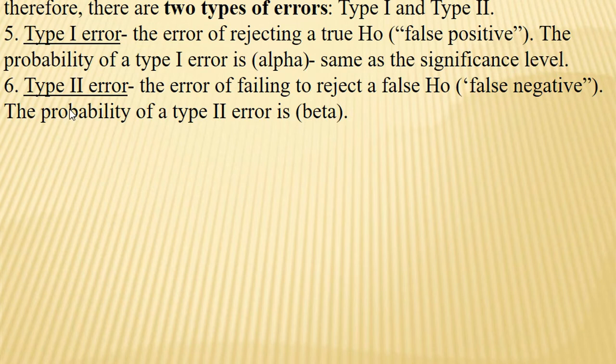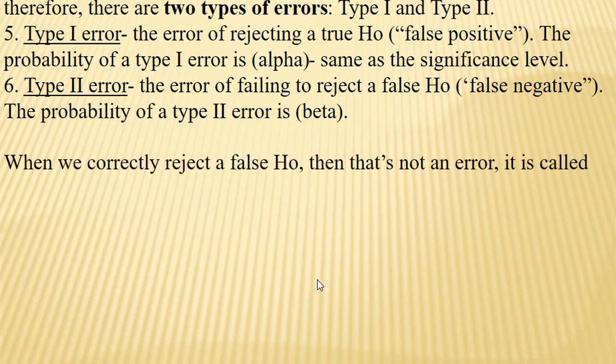The second type of error possible is when you failed to reject an H0 that was false. So like you said, I failed to reject H0, but actually H0 turned out to be false. And that's called a type 2 error, also known as beta. So make sure you know the names, alpha and beta for type 1 and type 2. And here's a couple of other things that you need to know.